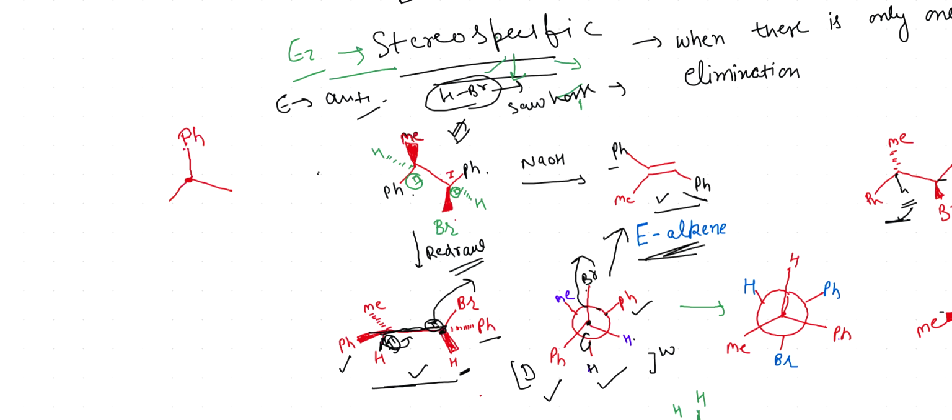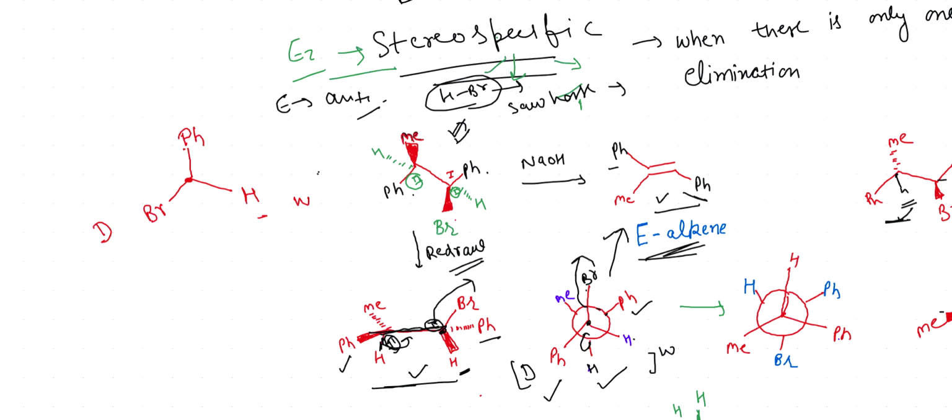Then dashed we are representing on the left hand side and wedges we are representing on the right hand side. And what is present on the dash line? That is hydrogen. And on the wedge, that is bromine. And draw for the second carbon also.